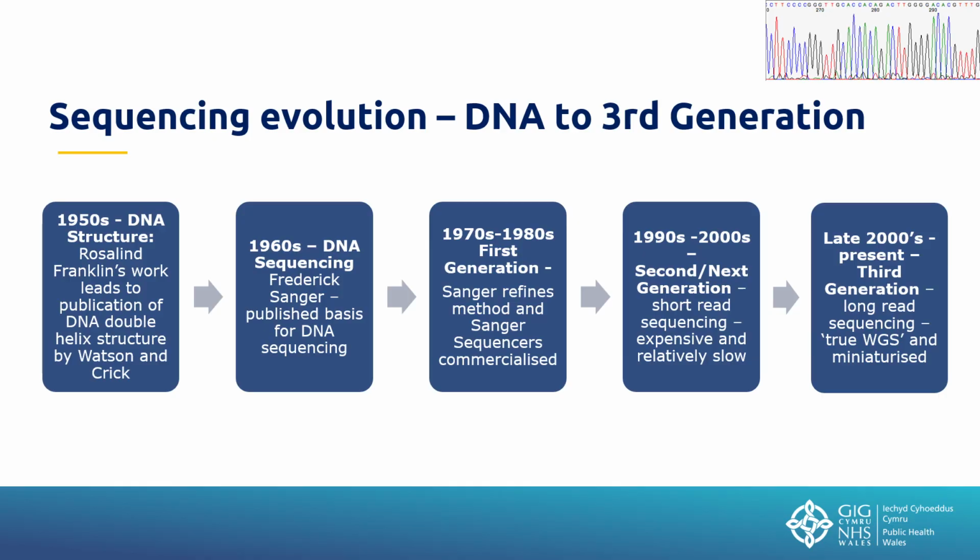During the 70s and 80s, we had the first Sanger sequencers being commercialized, and then we've moved on in the 90s to 2000s with the second generation or short read sequencers that are commonplace now, and then further into the 2010s and the 2020s, we see the long read sequencers and true WGS coming into play.